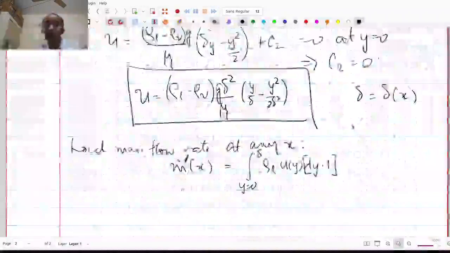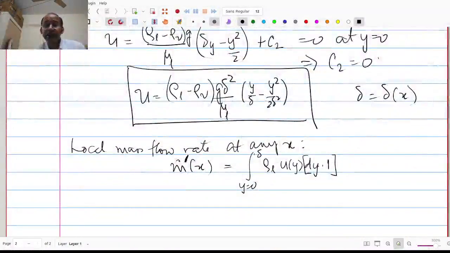So this is velocity into density into area, which is the mass flow rate per unit width. Now this u of y we already know from here, so we can integrate this.